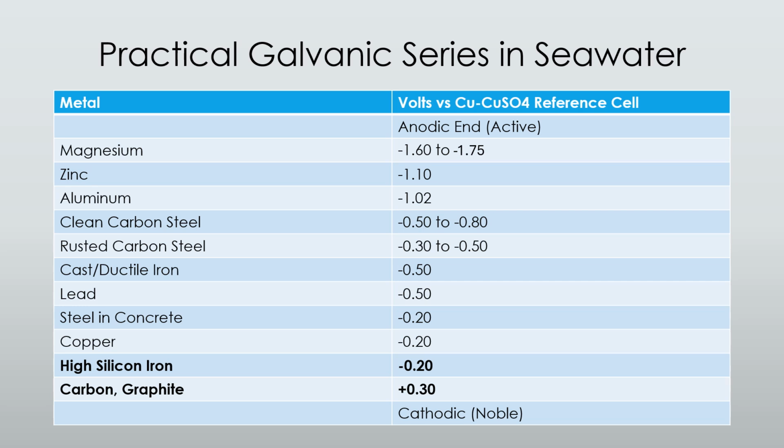So I mentioned in the other slide, you want to use a material that is more resistant to corrosion for impressed current anodes. And right down here we have the high silicon cast iron, carbon, and graphite. Carbon being our coke, high silicon cast iron is the other metal, and mixed metal oxide would also be right around here, as opposed to the magnesium that's way up here.